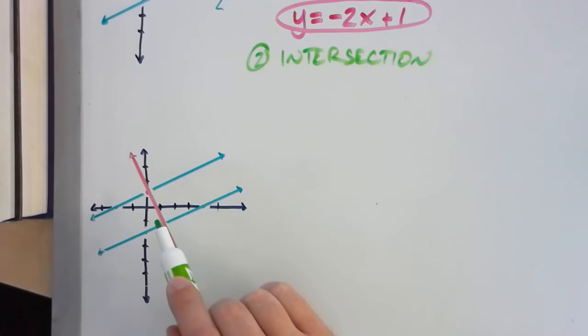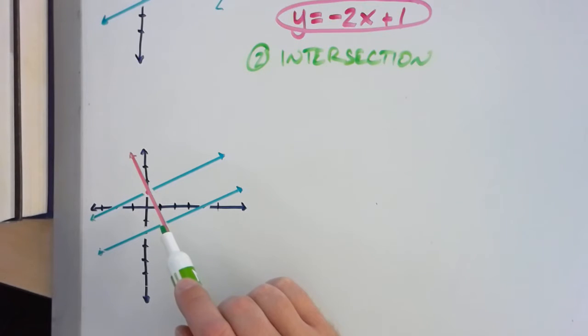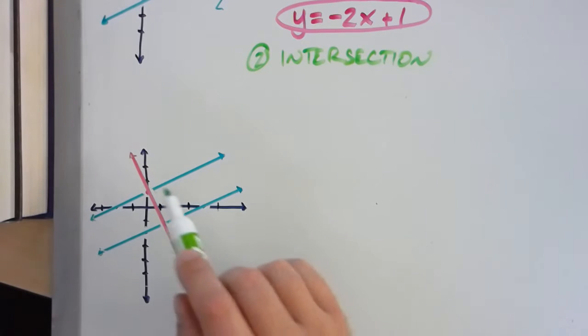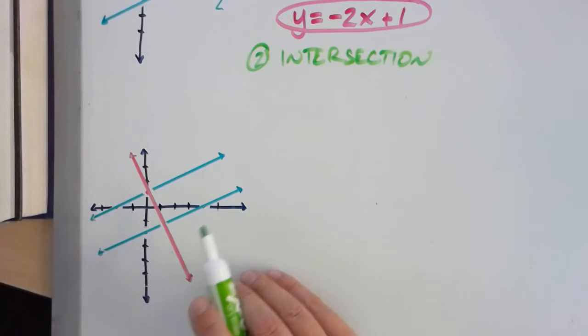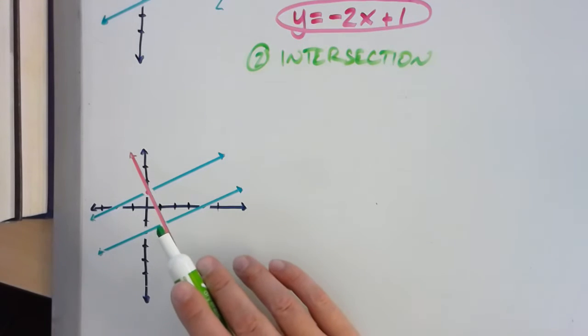But this is where going through the systems of equations examples I did in previous videos is going to come in handy, because this will not be a friendly number. Even though it looks a little bit like (1, negative 1), it's not. It's a little more difficult to see on my whiteboard without the coordinate grid, but if you were to do this on graph paper, it'd be more obvious. It's definitely not a friendly number.